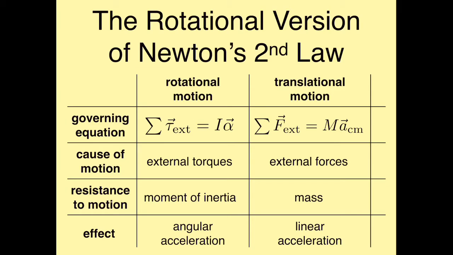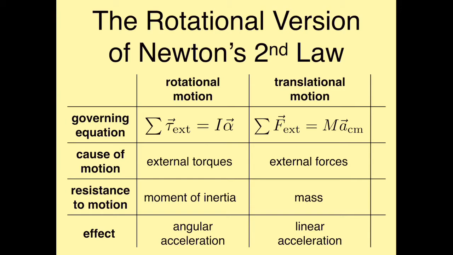Now, what we have here is resistance to motion. So if we go to the translational case, that would be mass. Okay, so the more mass something has, the more difficult it is to change its motion. But now when it comes to rotation, we have something called the moment of inertia. So we don't have m in the equation, we have I, which stands in for the moment of inertia. And we're going to get into more about that later.